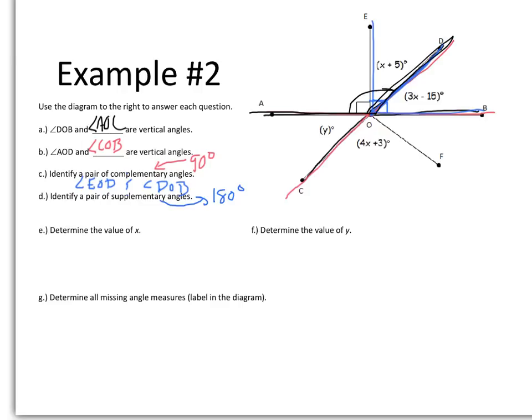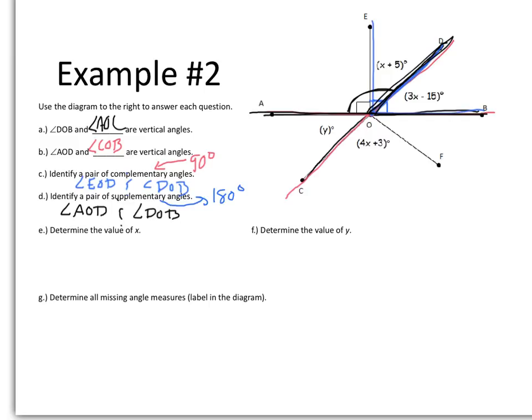This angle right here. Angle AOD. Well, what is the other angle that completes the 180 degrees? That would be DOB. And angle DOB. These are two supplementary angles.